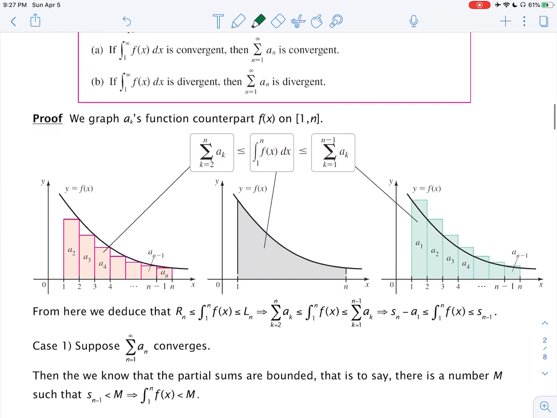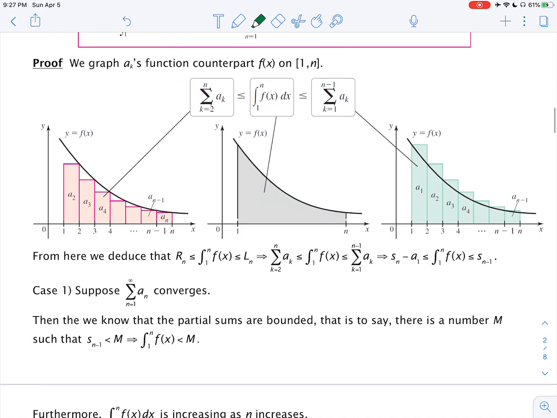And here is the general outcome. So let's just go ahead here and see what the integral from 1 to infinity, or 1 to n, of f of x dx looks like. It is precisely the area under the curve here, right?